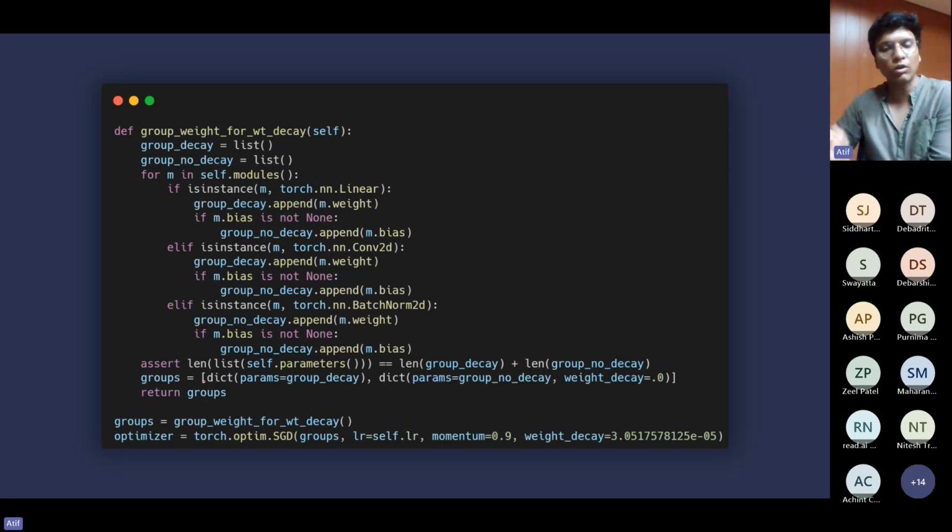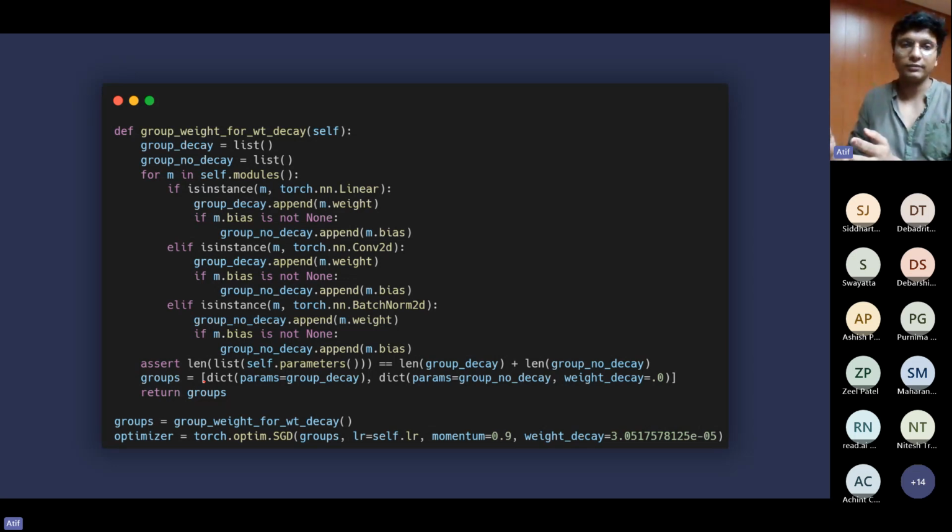And if you have a batch norm or, let's say, layer norm, you don't want to add the gamma and beta parameters, which you have for batch norm, into your decay group. You don't want them to decay as well, because those are scaling factors, right? If you apply L2 regularization on them, then your scaling becomes extremely slow, and your network becomes very slow to train.